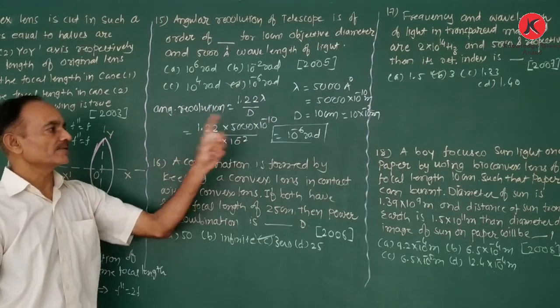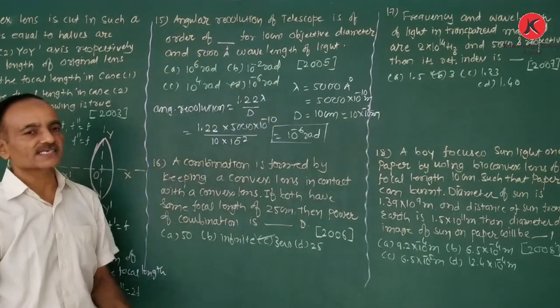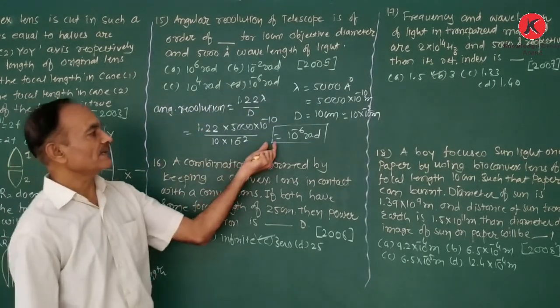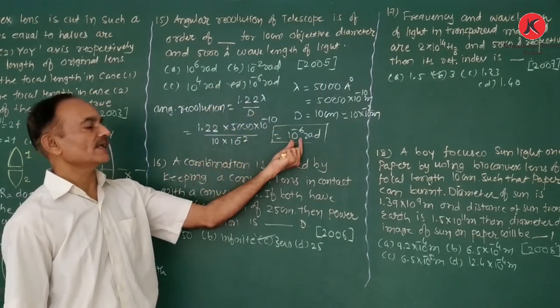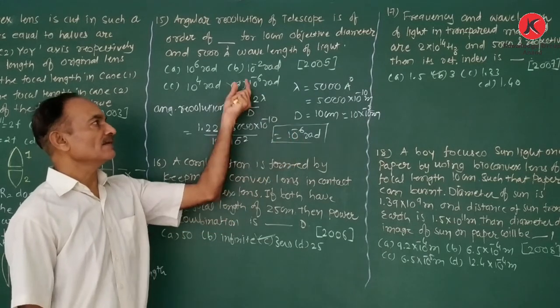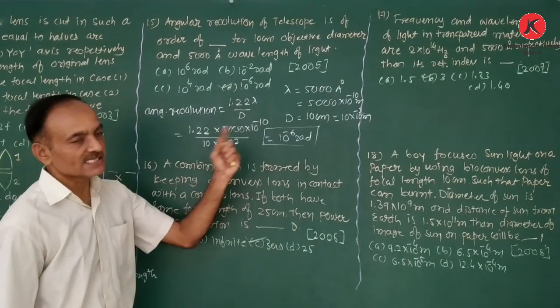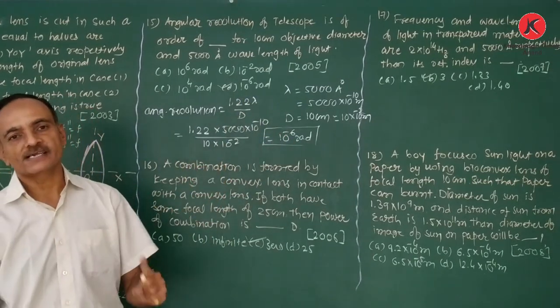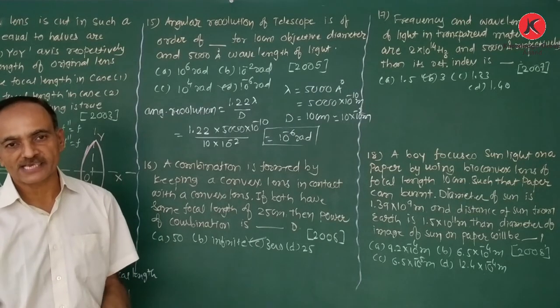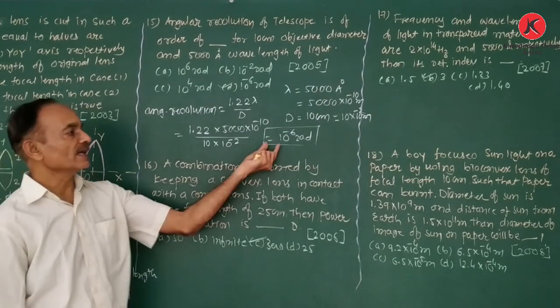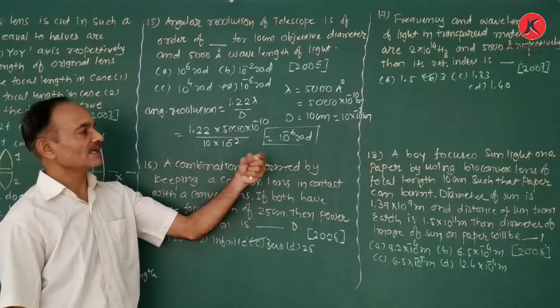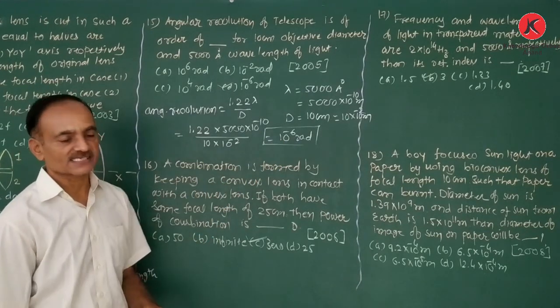So as we substitute, we can obtain 10 is 2 minus 6 radian. If a multiplier is present, the answer is given only with the order, so we need to find the answer only of order 10 is 2 minus 6. The numerical value may be present, but ignore it, only 10 is 2 minus 6 radian.